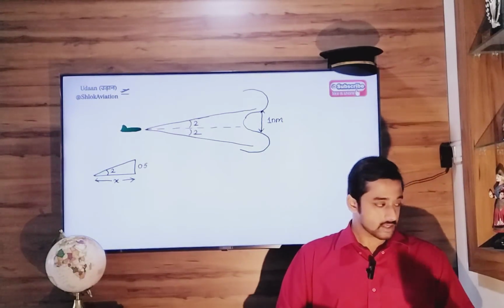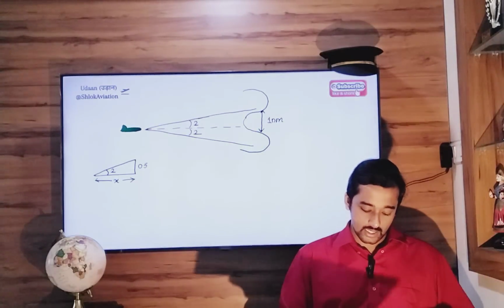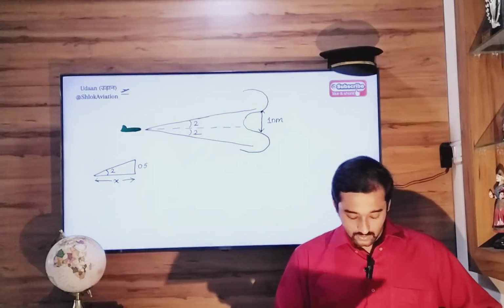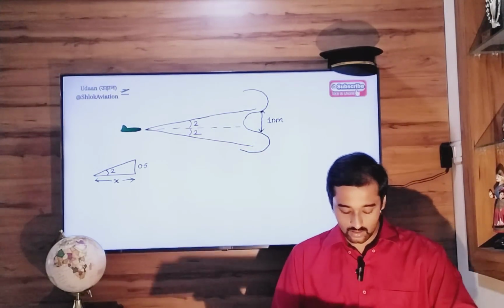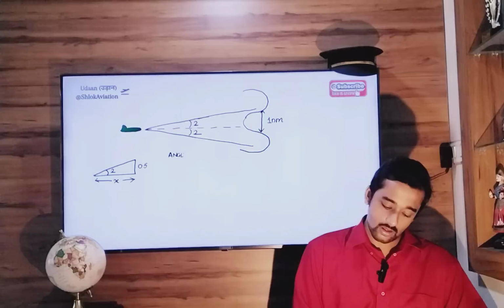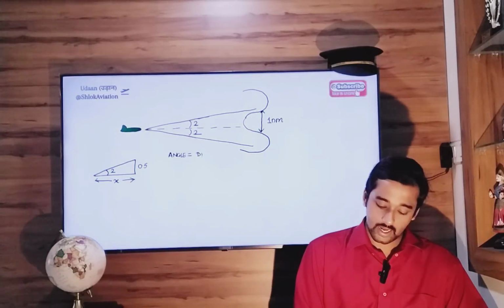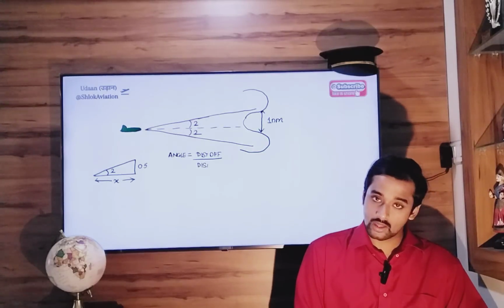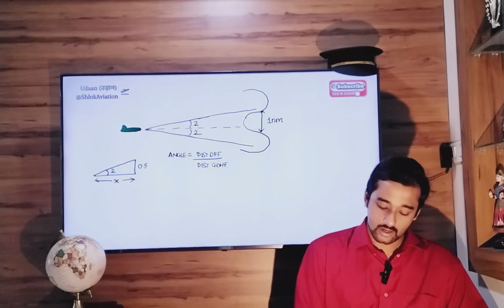Okay, next. So let's use the 1 in 60 rule now. Angle equals distance off track divided by distance gone, times 60.